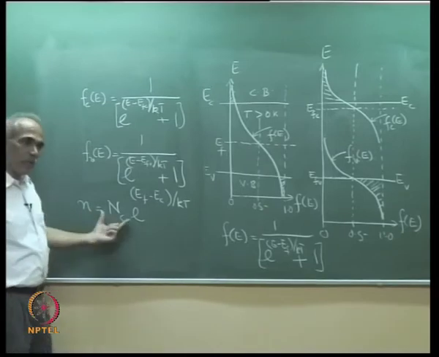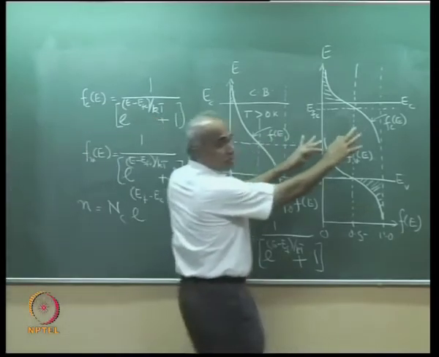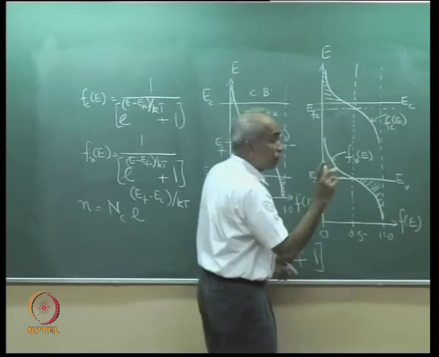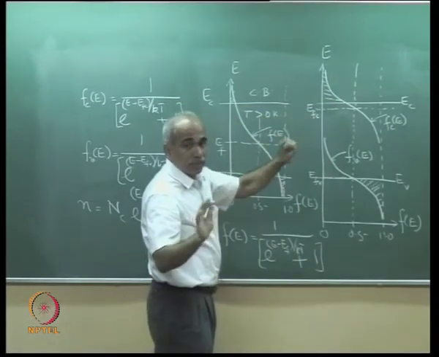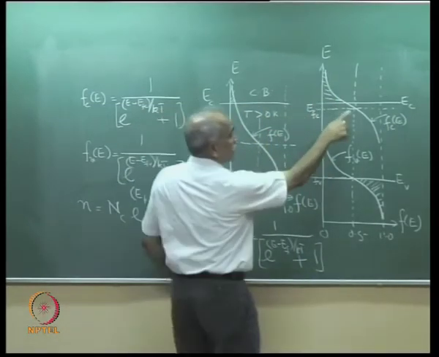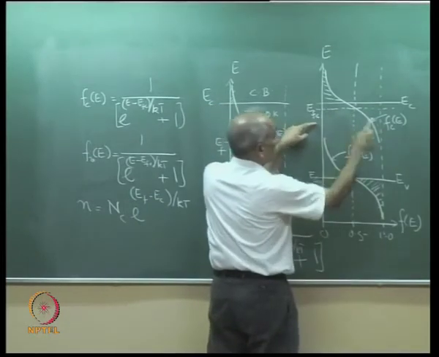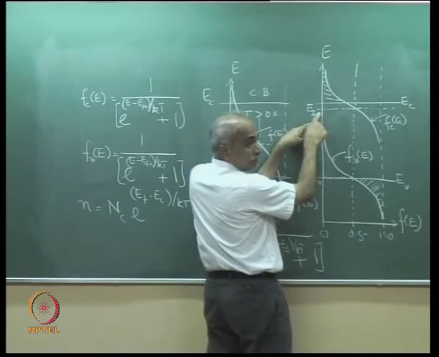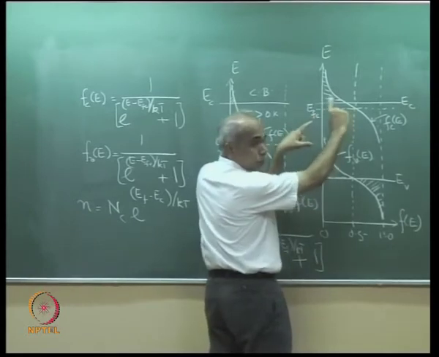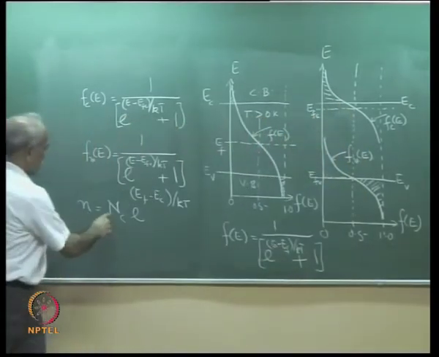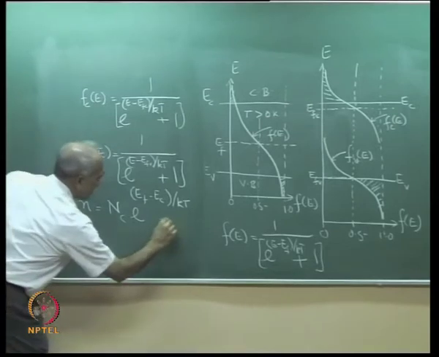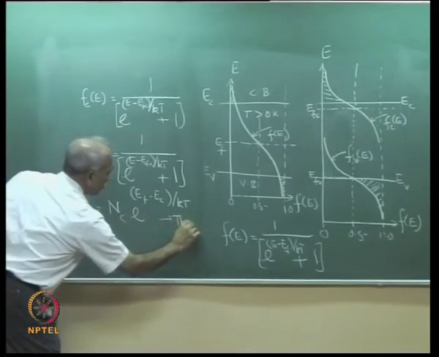In quasi equilibrium, everything remains the same if we still meet the Boltzmann approximation. This is a clause, because if EFC is still somewhere below here, then I can still use EFC and still use the Boltzmann approximation, and then this will become, so this is at thermal equilibrium.